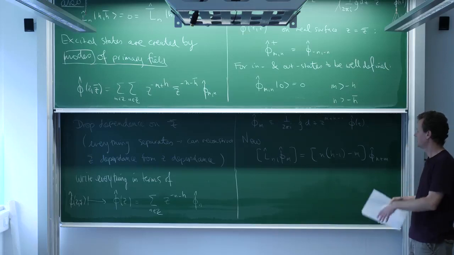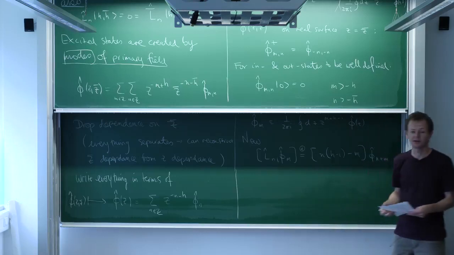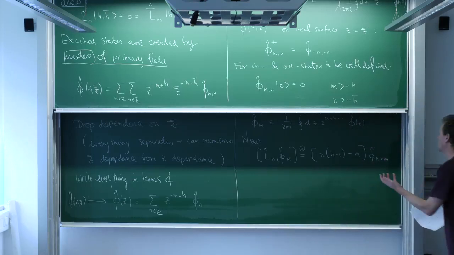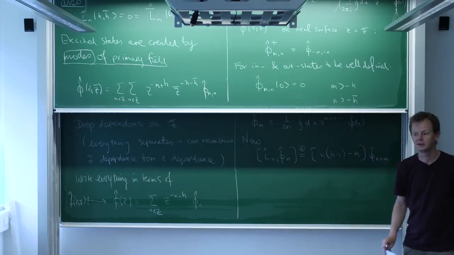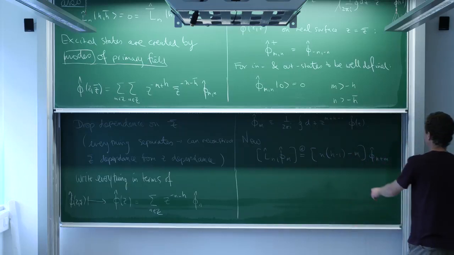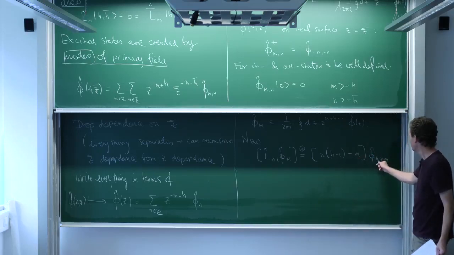So putting this together with the help of this equation star, we can work out the commutator of one of these modes here with a Virasoro generator: Ln with phi m equals n times (h minus 1) minus m, times phi n plus m.